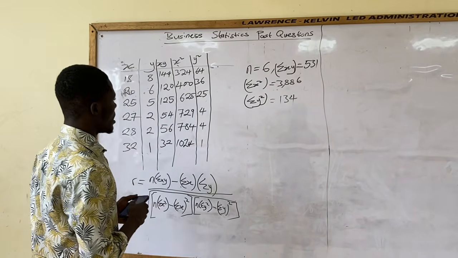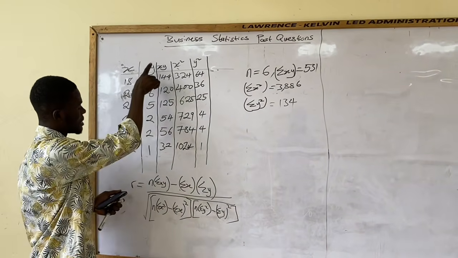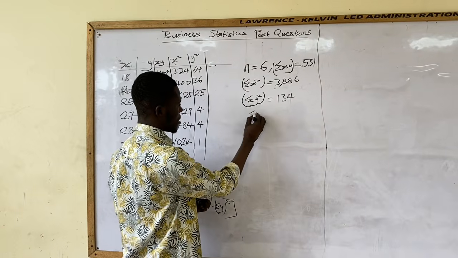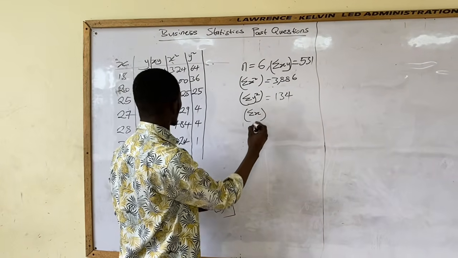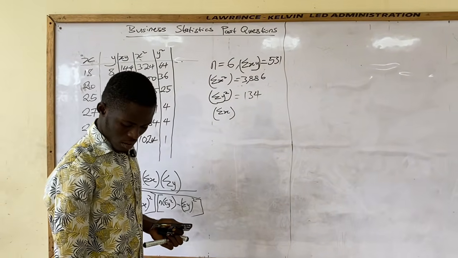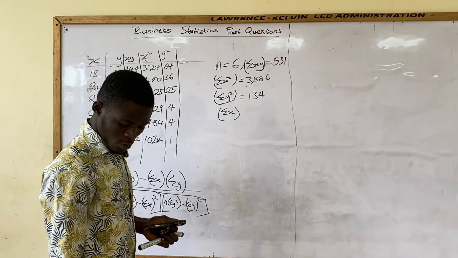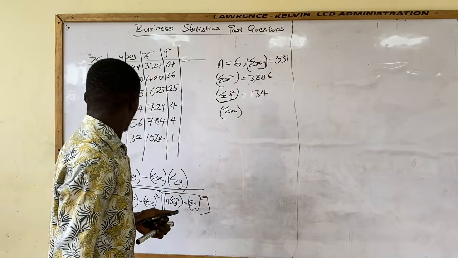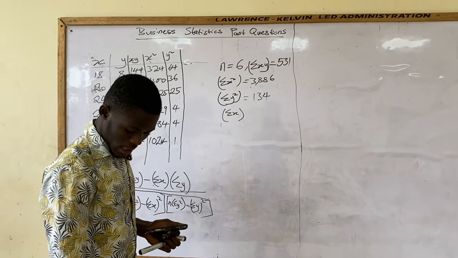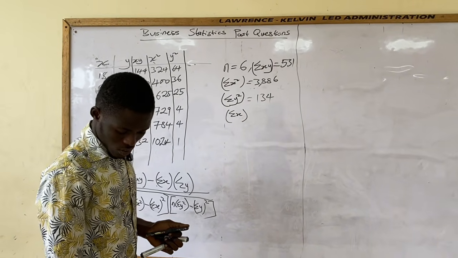Okay, now let's look at our sigma s, because we have sigma y here. Sigma s, we have 18 plus 20 plus 25 plus 27 plus 28, and then our last one, 32. Good.